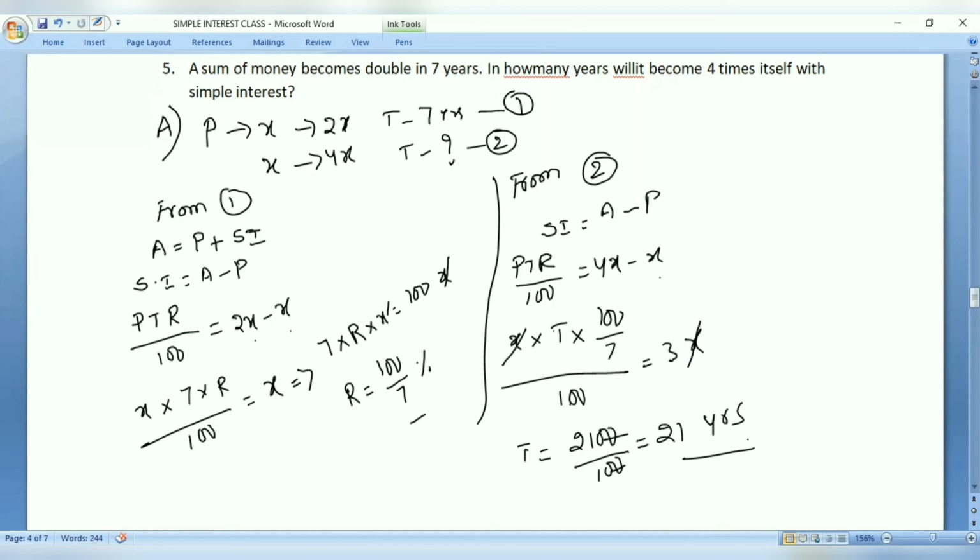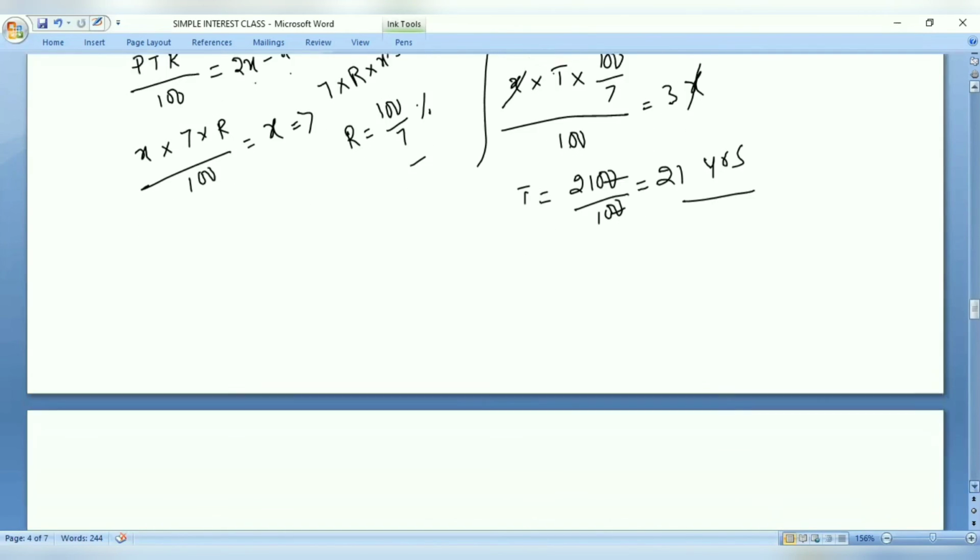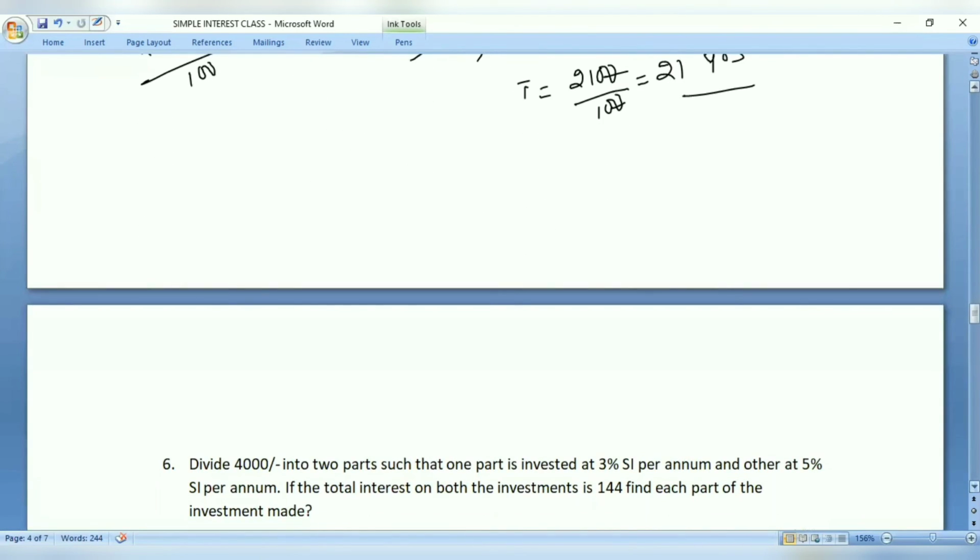I will explain once and I'll explain the shortcut also. They are mentioning that some principal X will amount to 2 times in 7 years. And if the same principal amounts to 4 times, what is the time that it will require? So from the first equation and second equation, we have calculated. Now, instead of solving this entire thing, there is a shortcut available.